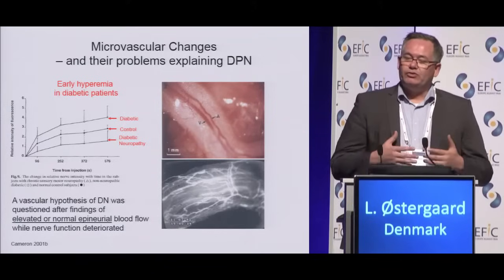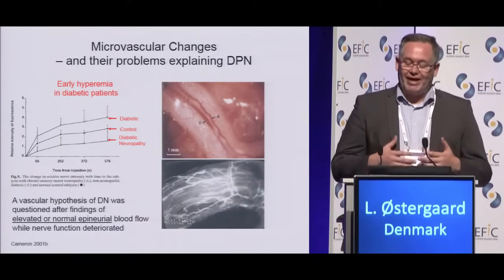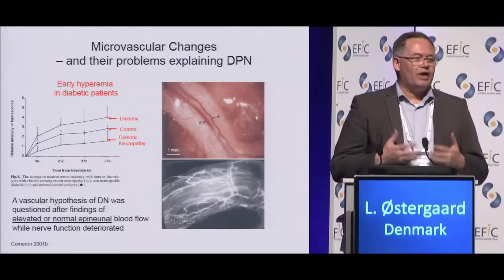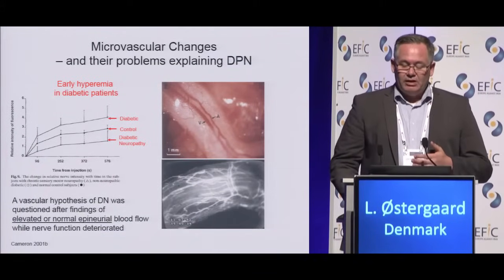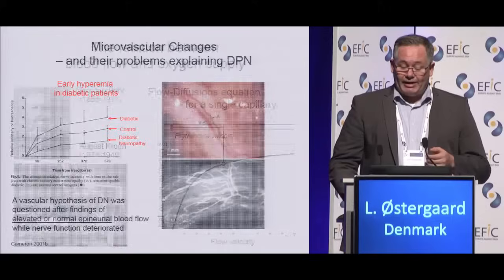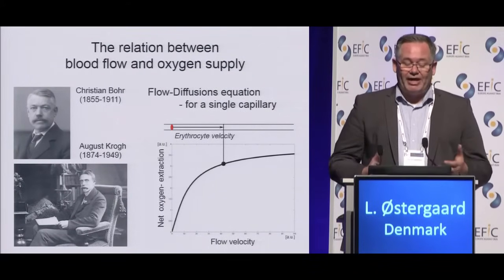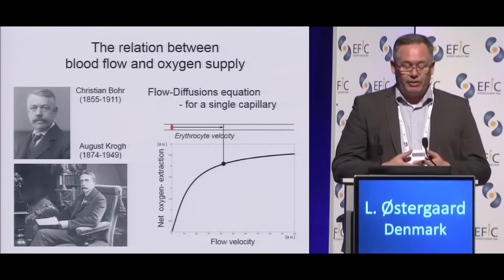I'm going to try to explain to you why the textbooks have in fact been wrong, and why an elevated blood flow actually can be indicative of a vascular problem. So understand that we're going to go back almost 100 years in time and look at where our concepts of the relation between blood flow and oxygen supply to tissue come from.